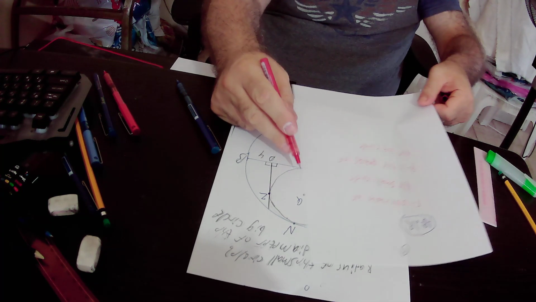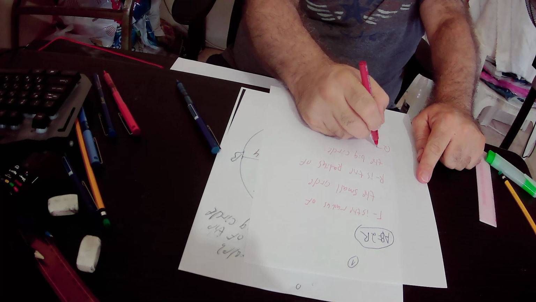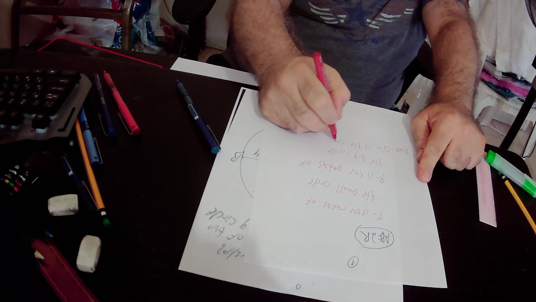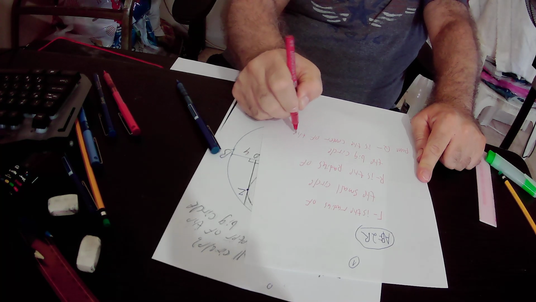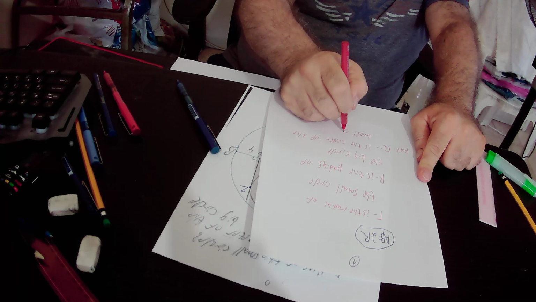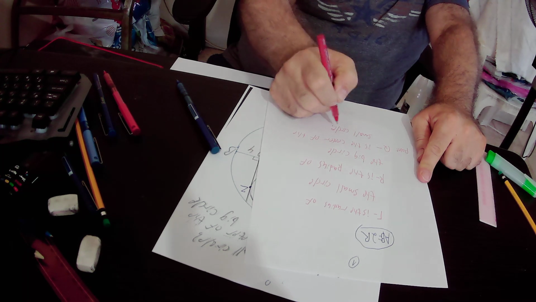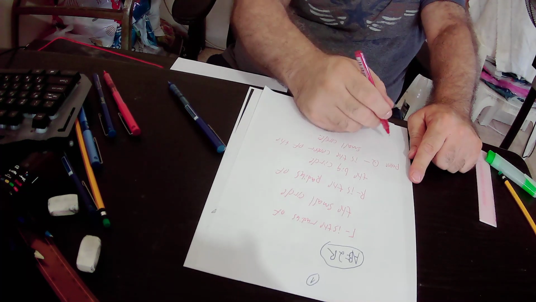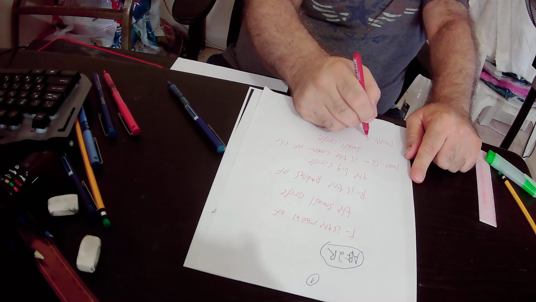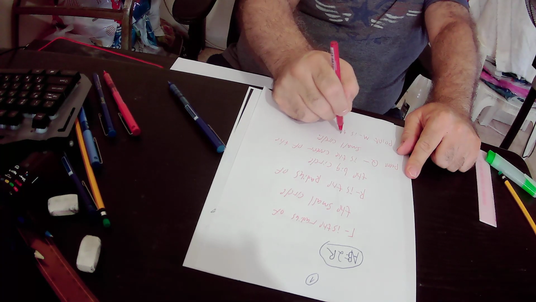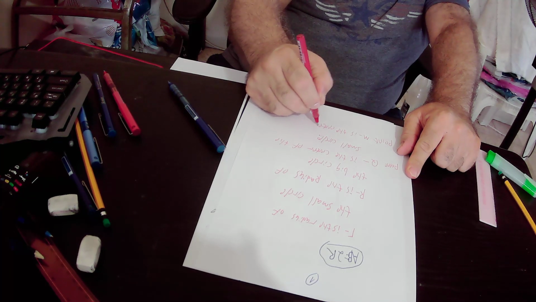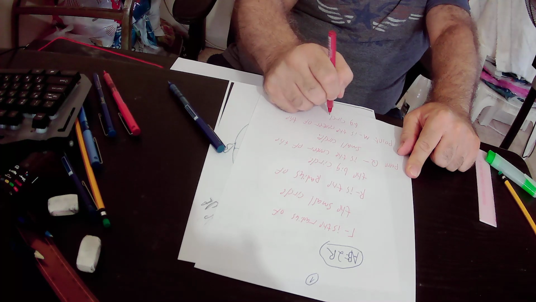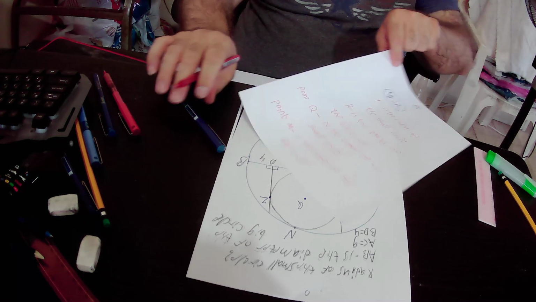And we defined point Q as the center of the small circle, and point P as the center of the big circle. Okay. So I will read the things that I wrote.